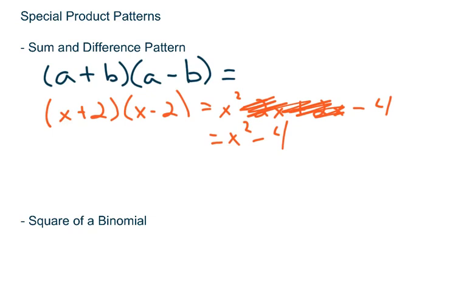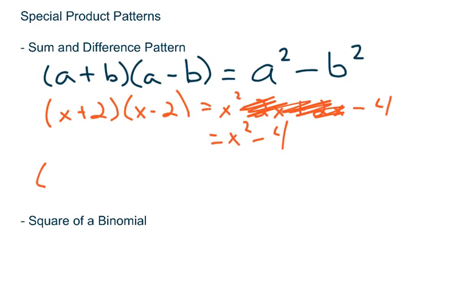Okay, so the sum and difference pattern says if you have a plus b times a minus b, you can simplify this. You wouldn't even need to FOIL it all out if you can recognize this pattern. It's going to be a squared minus b squared. The sign in between is always going to be minus. Square the first term, square the second term, put a minus in between, and you'll have your answer.